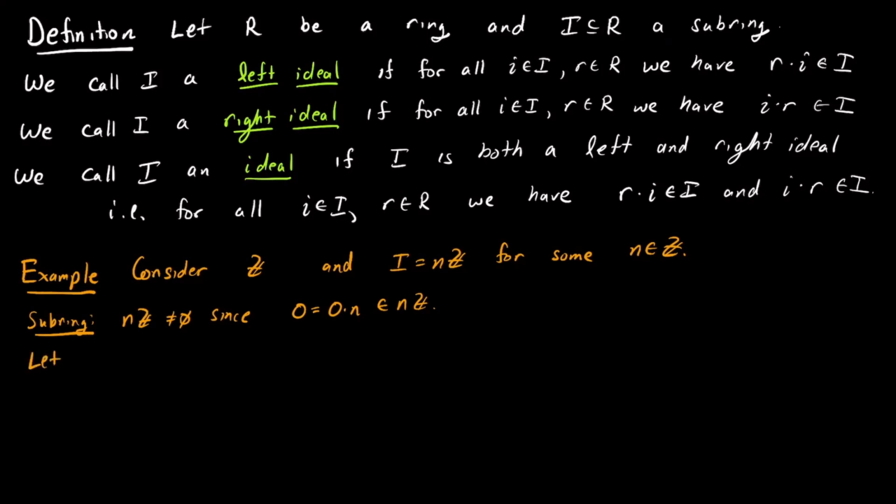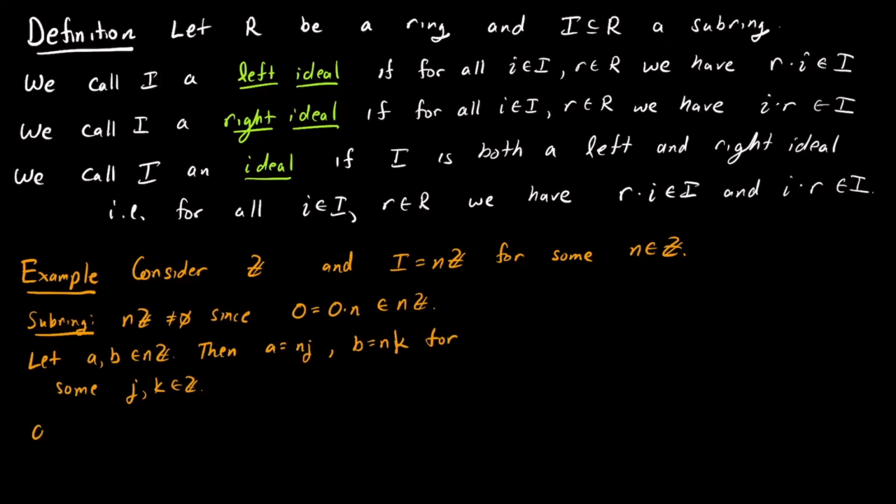So I'll say let a and b be elements of nZ. Well, what do I know? I know that then a is equal to n times j and b is equal to n times k for some j and k in Z. And then I could take the difference of these two and the product of these two and show that I still end up with a multiple of n.